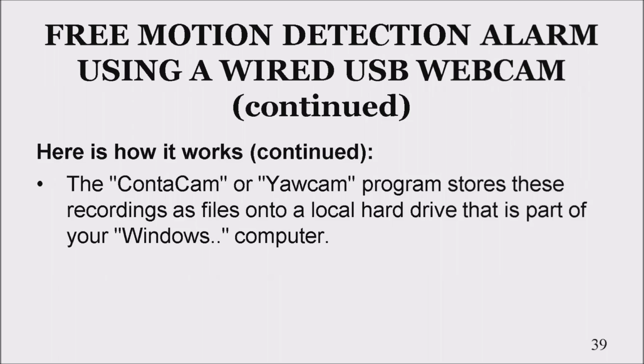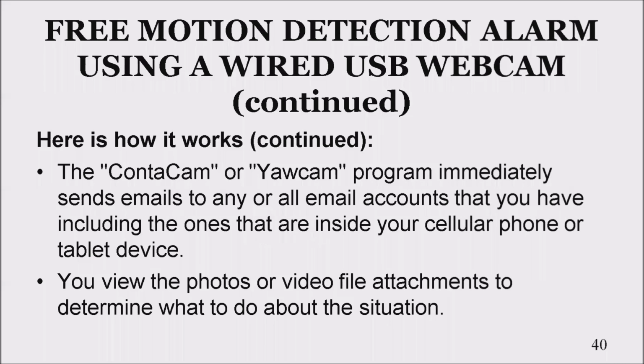The YawCam or ContaCam program stores these recordings as files on your local hard drive, and if you send it off to some place like Yahoo Mail also, your recordings and photos will also be stored there in case someone steals your camera. So that's a handy thing to have, right?